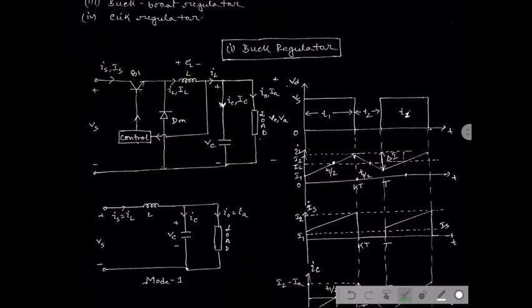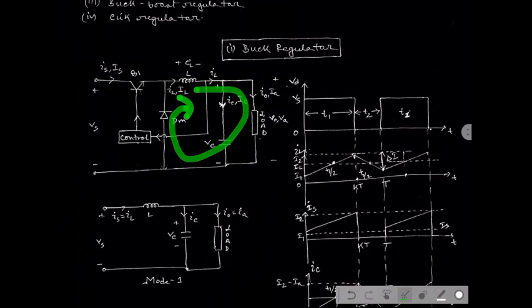The total working principle can be defined by two mode operation, mode 1 and mode 2. When the switch is in on state, the current starts flowing through this circuit. And when the switch is in off state, the current continues due to the presence of the inductor.